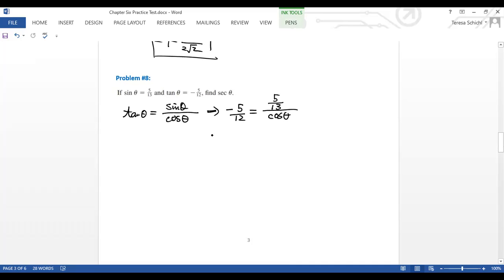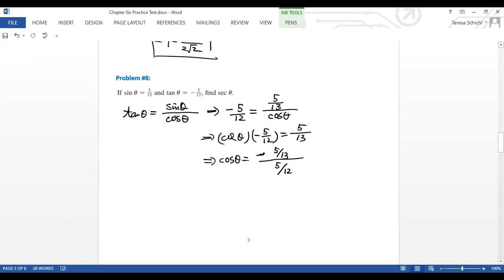Now you do a cross product. So cosine theta times negative 5 over 12 is equal to 5 over 13. So I can get cosine theta is equal to 5 over 13, and this is 5 over 12.